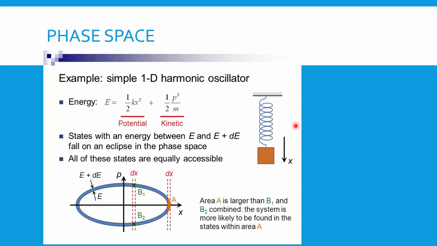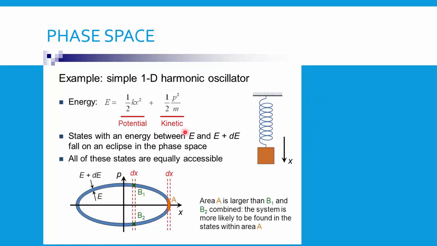Let me give you an example. For a one-dimension simple harmonic oscillator, you have a spring attached with a mass, and this will oscillate, a to and fro motion, and because of this you will have the total energy. Potential energy is given by half kx square, where k is called the spring constant and x is the position.